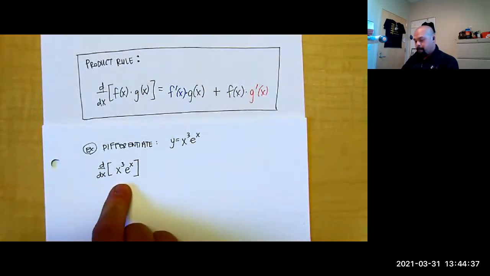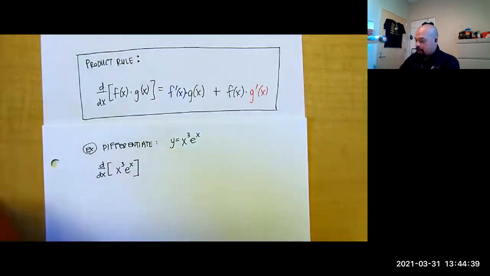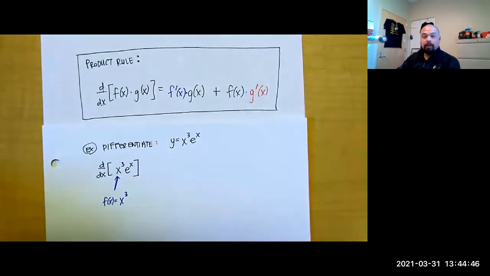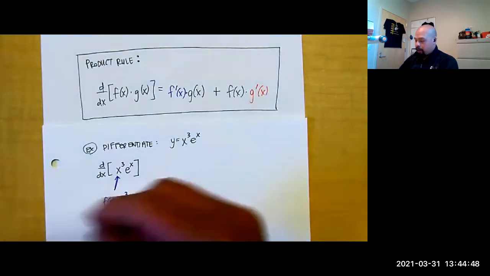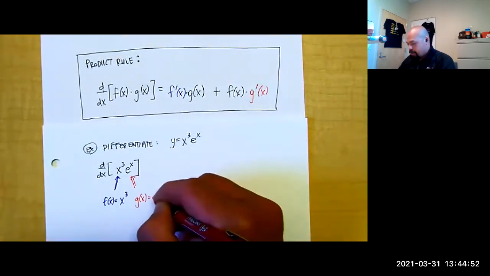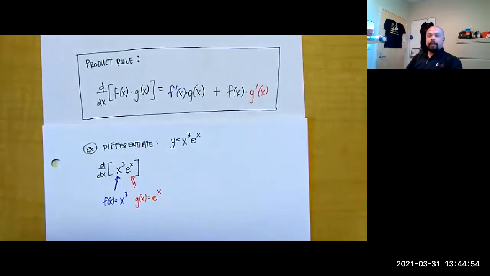What we want to identify is that in this case my first function is x cubed, that polynomial, and I'm multiplying it with the second function, e to the x, that exponential.